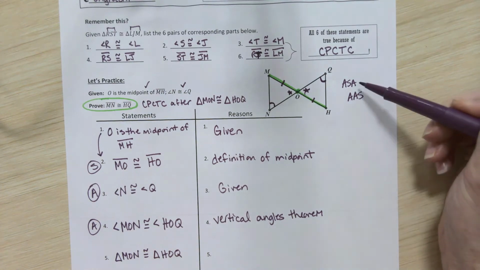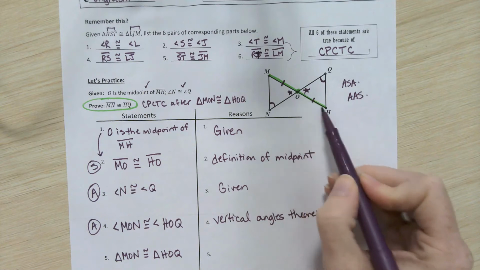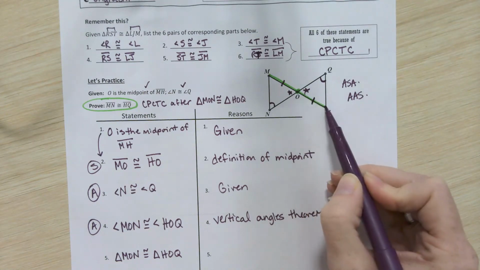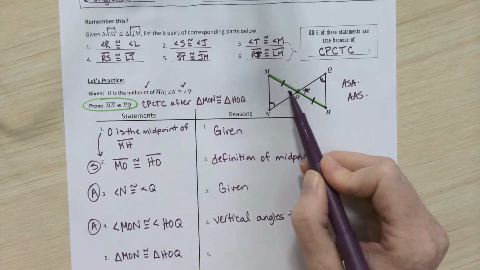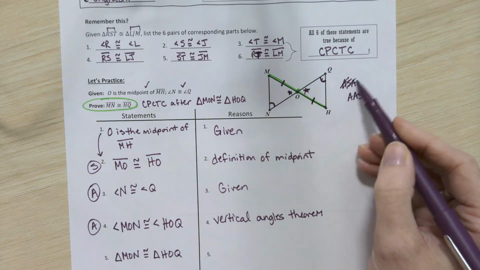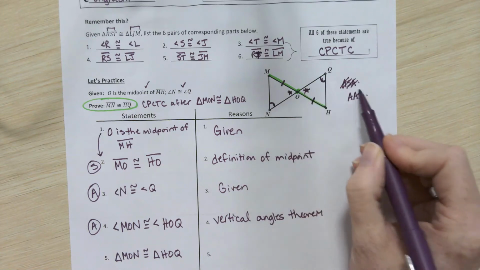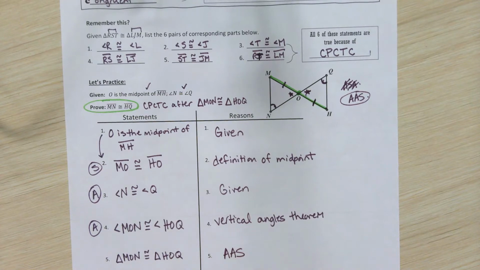I just need to make a decision between these two options. So if we look at that highlighted congruent side, is it connected to both of the congruent angles in that triangle or only one? It's definitely not connected to Q or to N, so this is going to be an angle angle side congruent triangle pair.